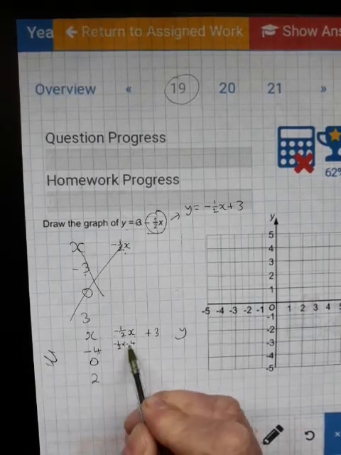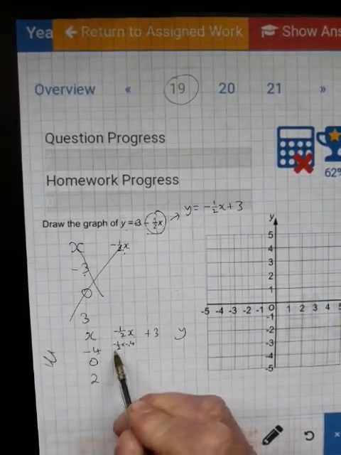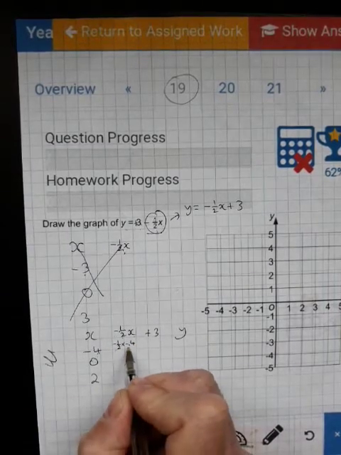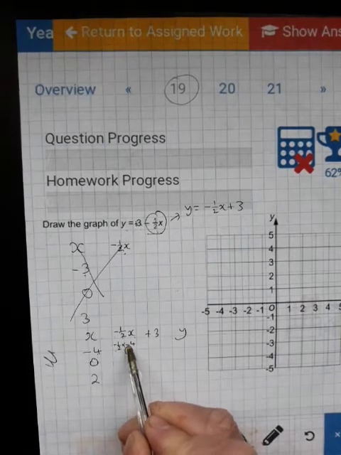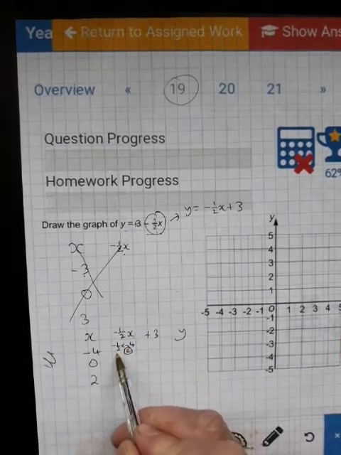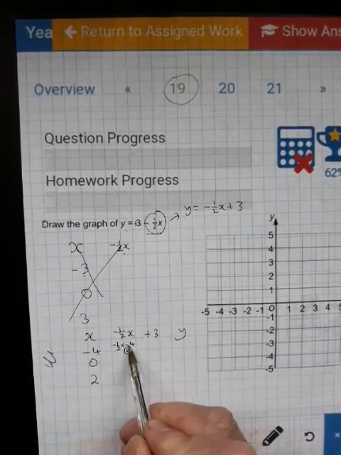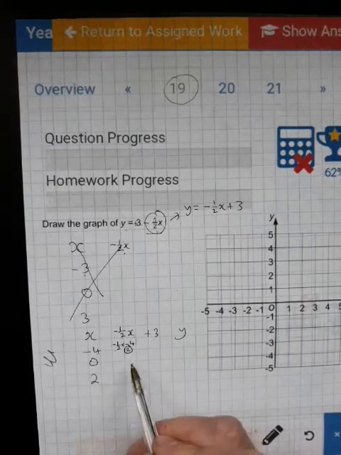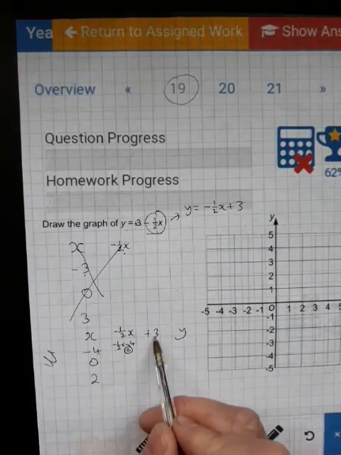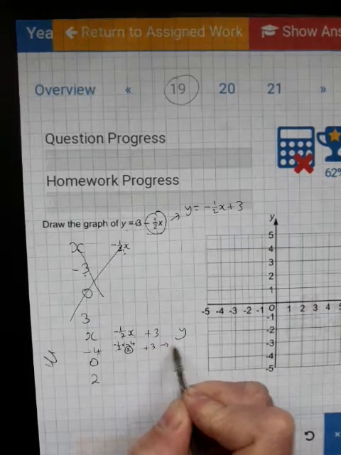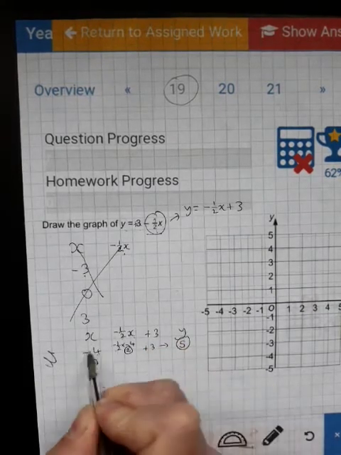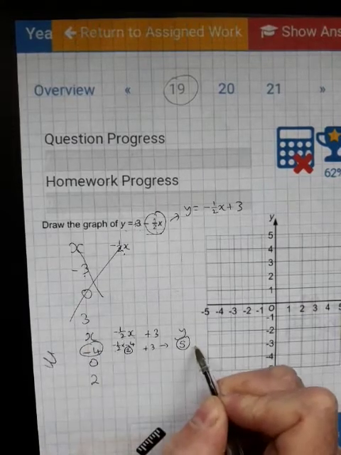A negative times a negative is a positive, and half of 4 is 2. So we get 2 coming out of that. What we're going to do to that 2, we're going to add 3, which gives us 5. And then we have a pairing, negative 4, 5.